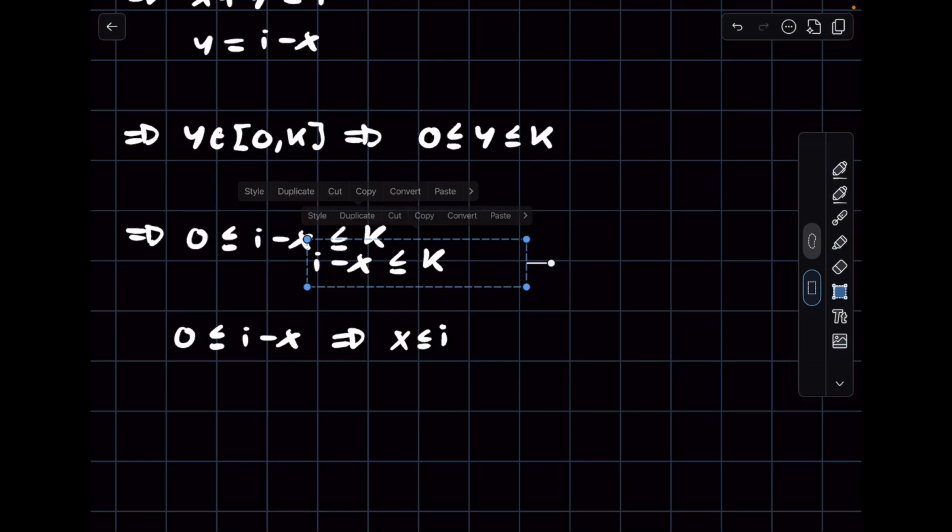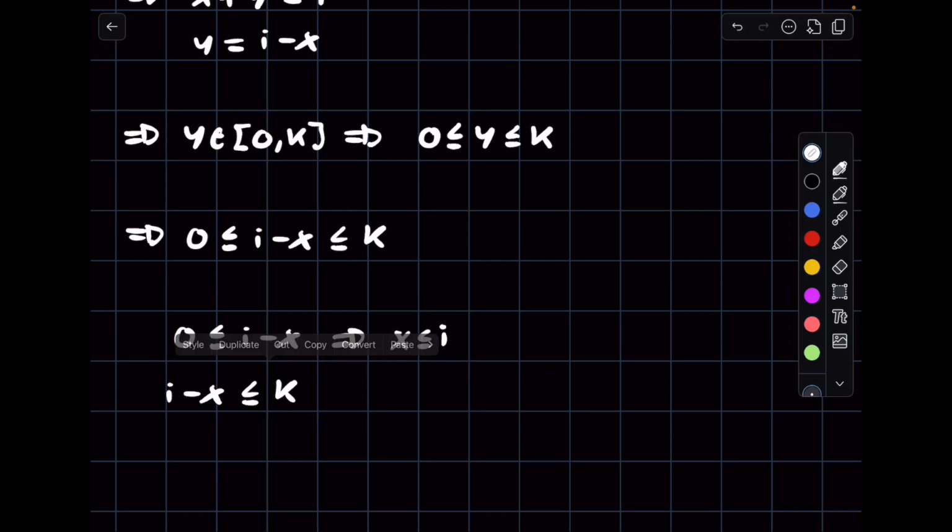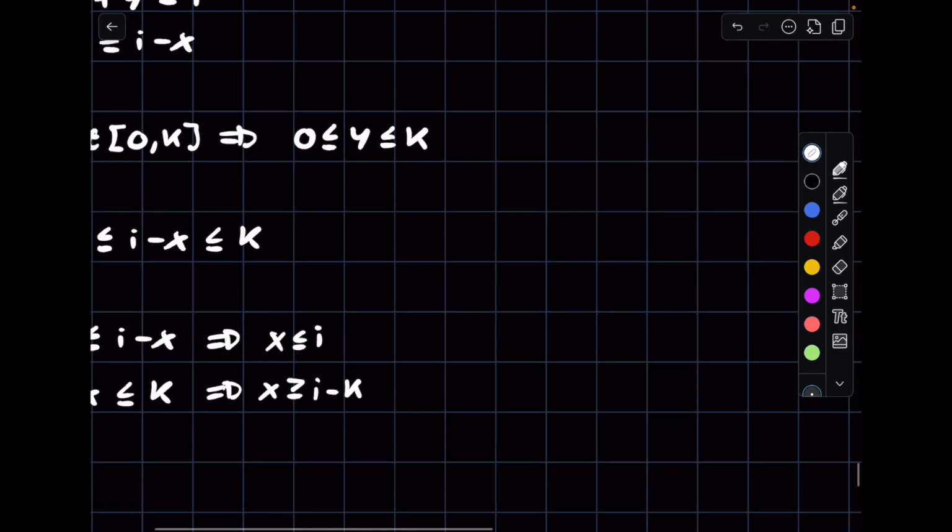And now we take the right side. And this means that x, we're going to change the sign of this. So it's going to be greater than I minus k, right?